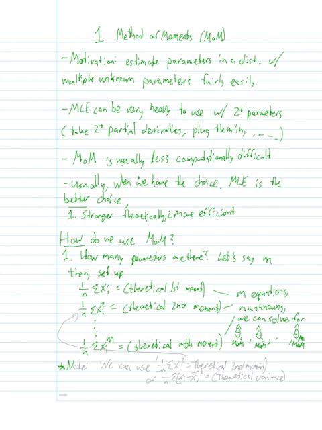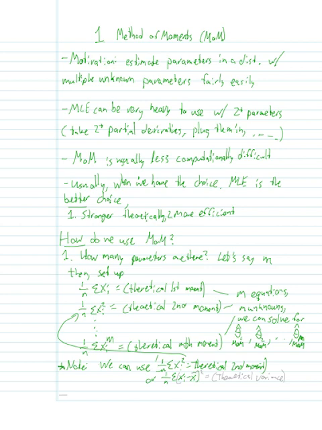Now, one note that I want to make before I close out this first video. We can use, and depending on how easy each one would be, we may use 1 over n sum of xi squared, for example, as the theoretical second moment, back when we were plugging that into the system of equations.